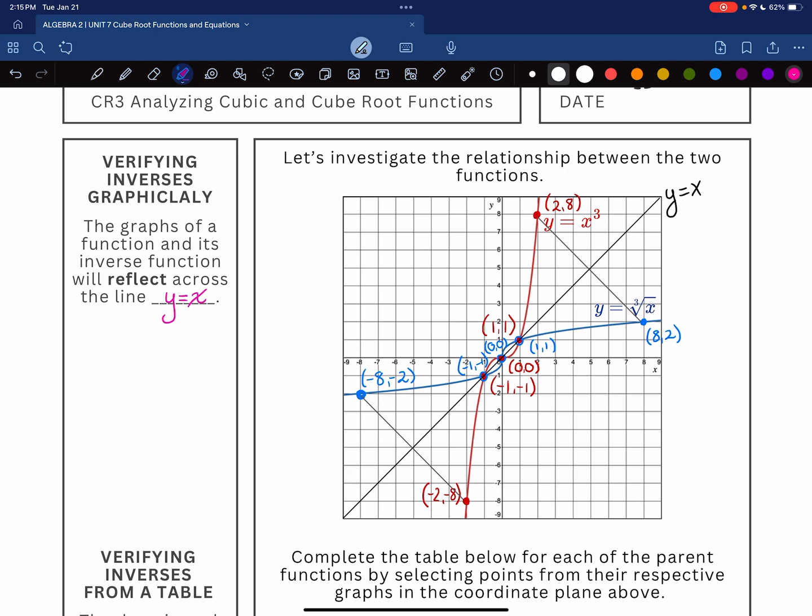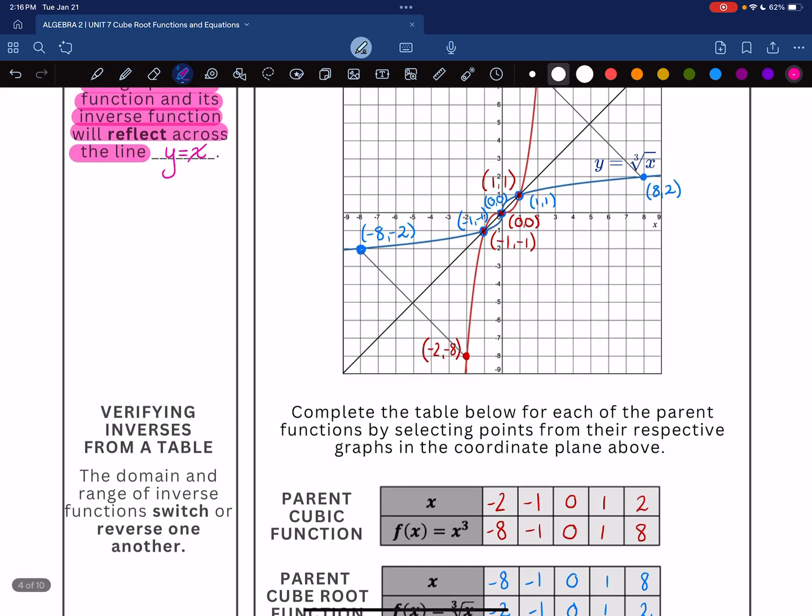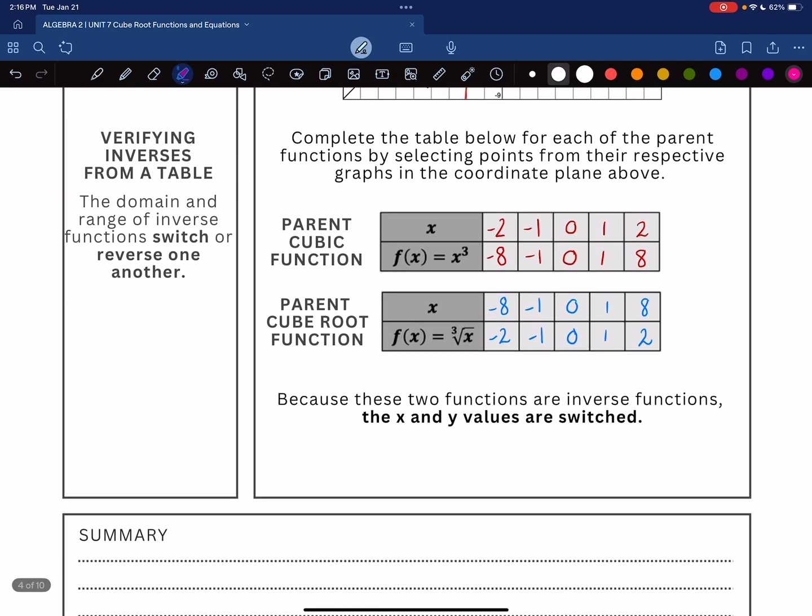This allows us to visualize and see if two functions are in fact inverses of one another. How will I know they're inverses? Because they'll reflect across the line y equals x if graphed simultaneously together. So the function values, the x and y, they switch with one another.